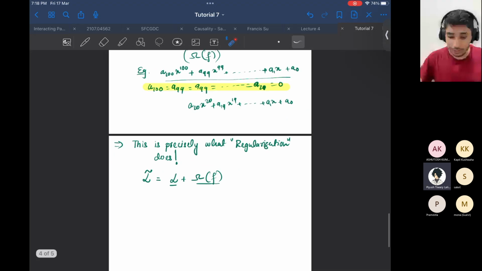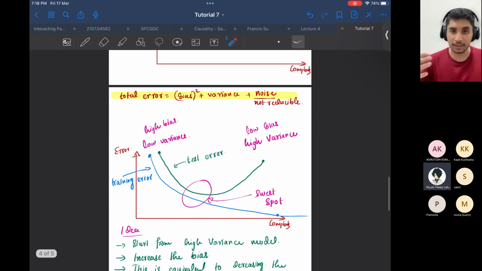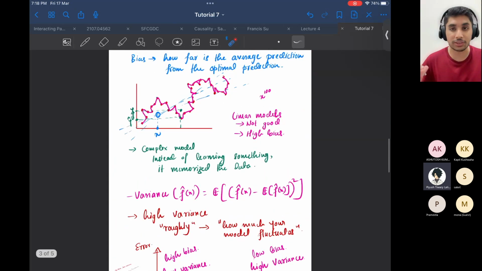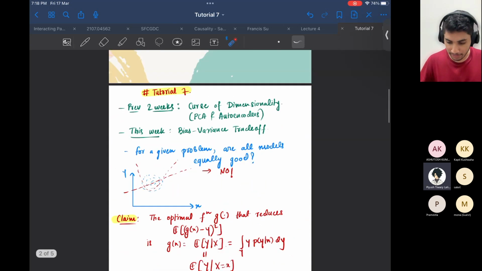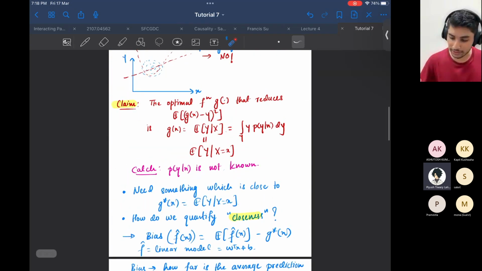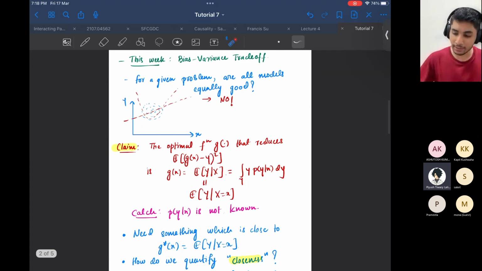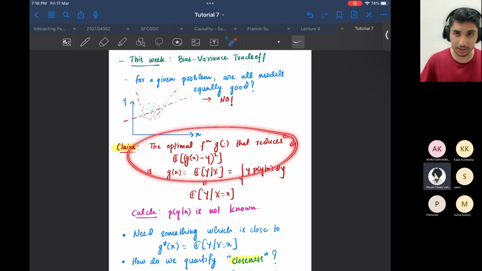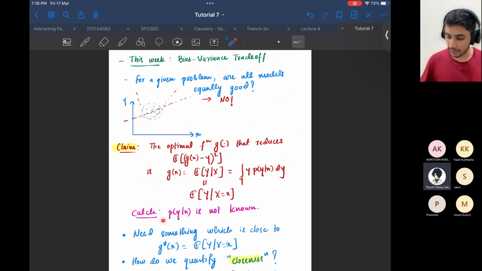So Mona was asking something, and just so that you don't get lost in all these things, what was the big picture? The big question that I promised to answer was, for a given problem, are all models equally good? Well, no, but we know what the optimal model is. Unfortunately, we cannot calculate it because the distribution of y given x is not known to us.